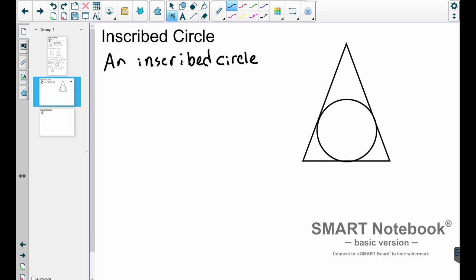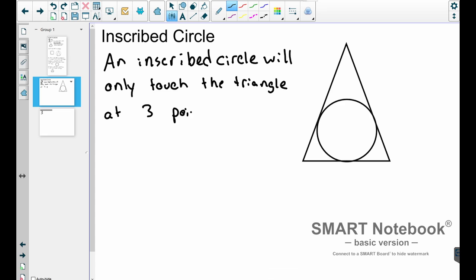Circle will only touch the triangle at 3 points. Let's look. We got one here, one here, one here. So we're good.